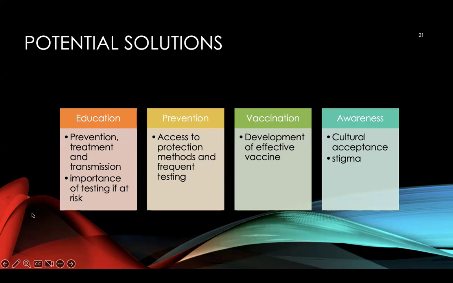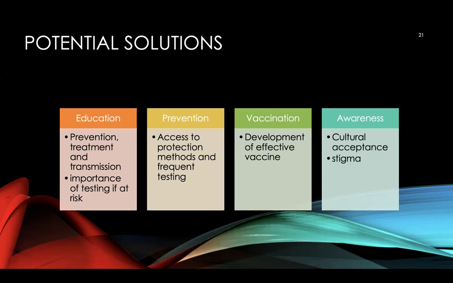So some potential solutions. Again, for both of these, chlamydia and gonorrhea, is education. Education's a big solution for a lot of conditions out there, but in this case, prevention, treatment, and transmission, educating the younger population, considering they have the highest statistically proven cases of chlamydia and gonorrhea, to really show prevention methods, how to treat it and get on top of it, and to prevent the transmission of it.